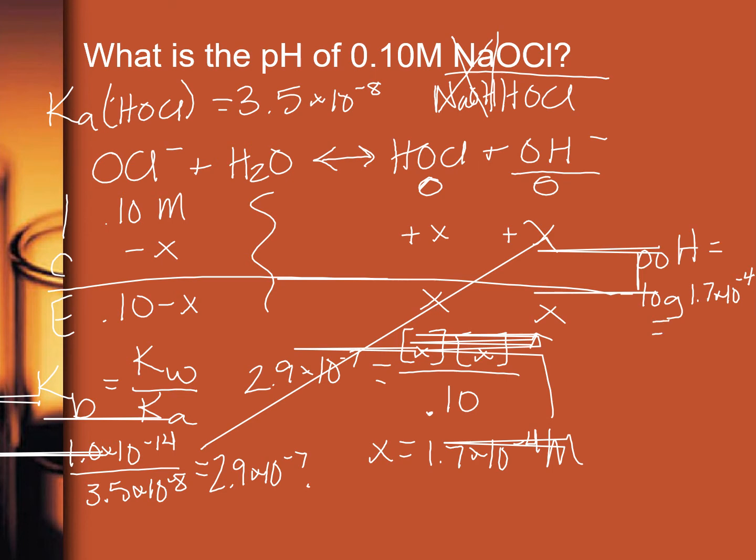So that's going to be 3.77. If we're finding pH, remember we can subtract from 14. So we're going to have a pH of 10.23, which is basic, which we predicted.